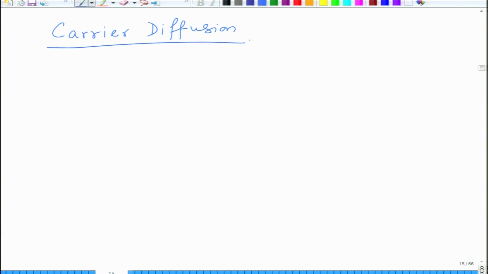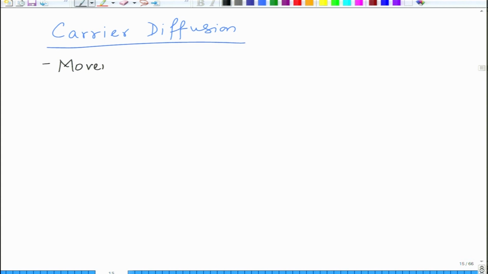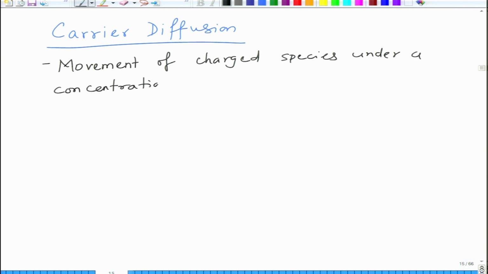So far we have seen carrier drift, which is the movement of charges under an electric field. This is movement of charges under a concentration gradient by and large.